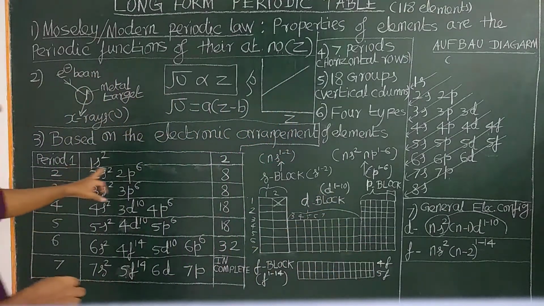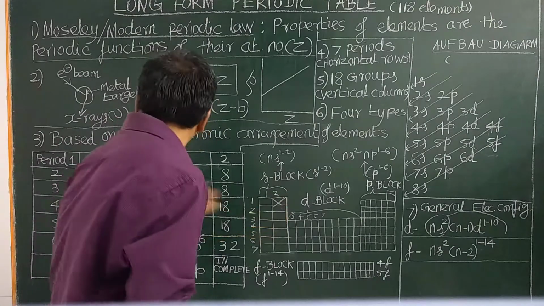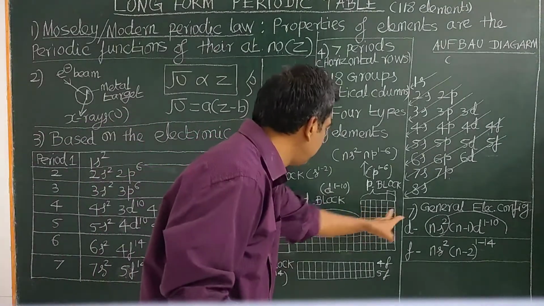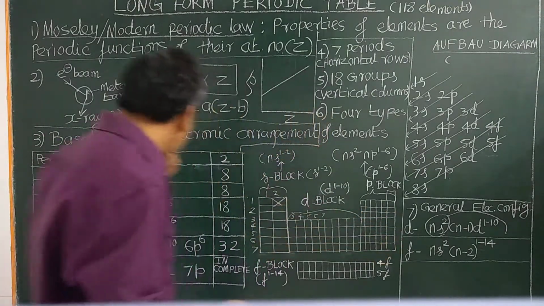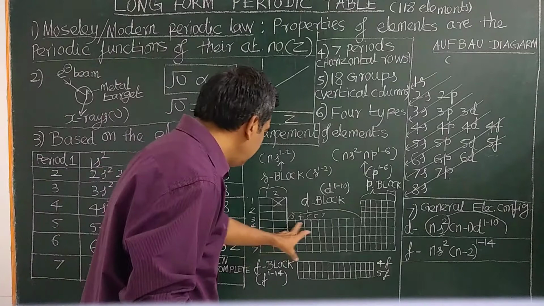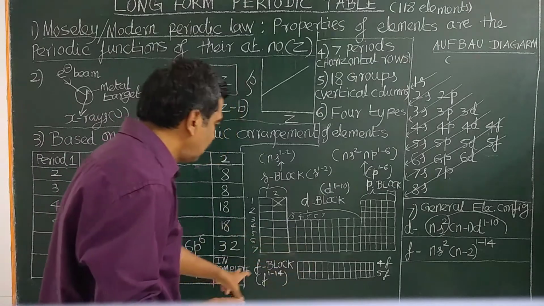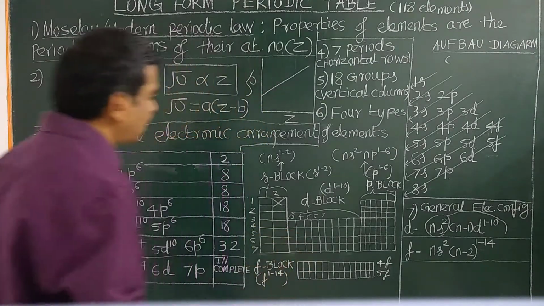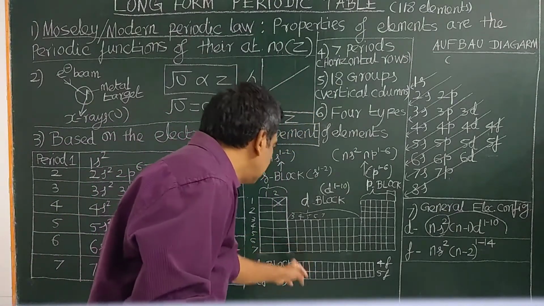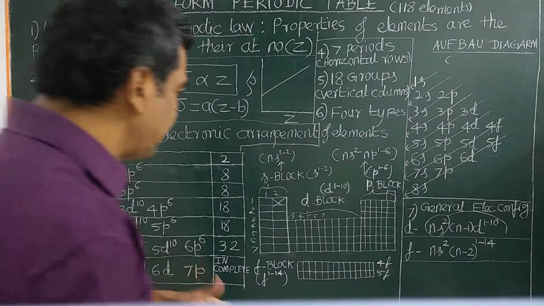For example, here is hydrogen and helium, and therefore 1s, 2s, 3s, and then 2p, 3p, 4p, 5p, 6p, 7p, etc. Next the d orbitals are filled, 3d, 4d, 5d, 6d, etc. The f block elements are placed at the bottom because you cannot insert the f block elements here, otherwise the integrity of the periodic table will be destroyed.